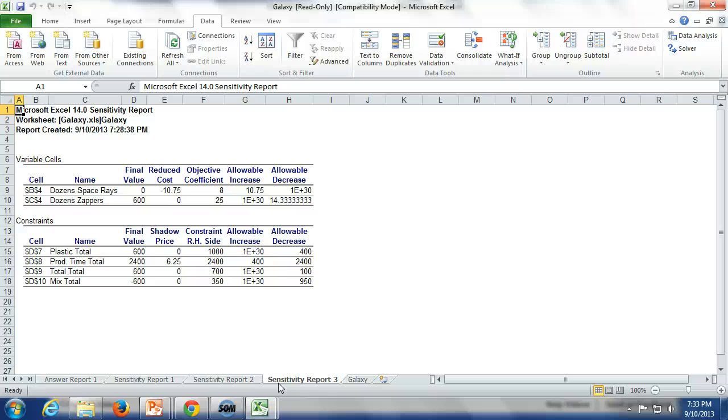So how can we use this? Well, say we have a whole line of materials. Maybe we're making 10 different items. It's a production kind of thing. And one item says it's not profitable to make this in the final solution. As a manager, you can look at that and say, well, maybe we're not charging enough for it. What would it take for it to make sense for us to make this? Maybe we have to charge more for it.